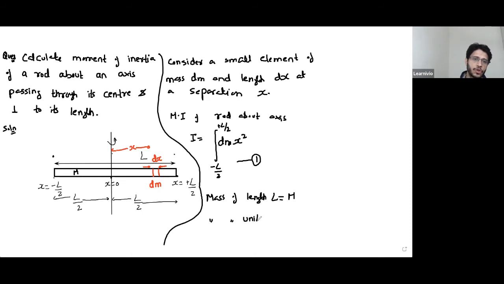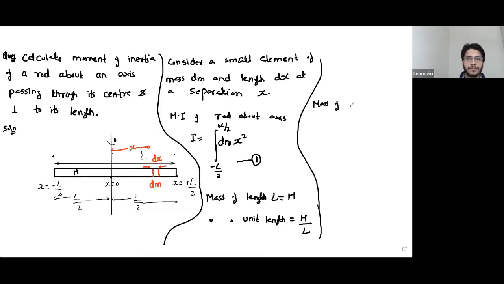Mass of unit length is m by L. Mass of dx length is m by L into dx.